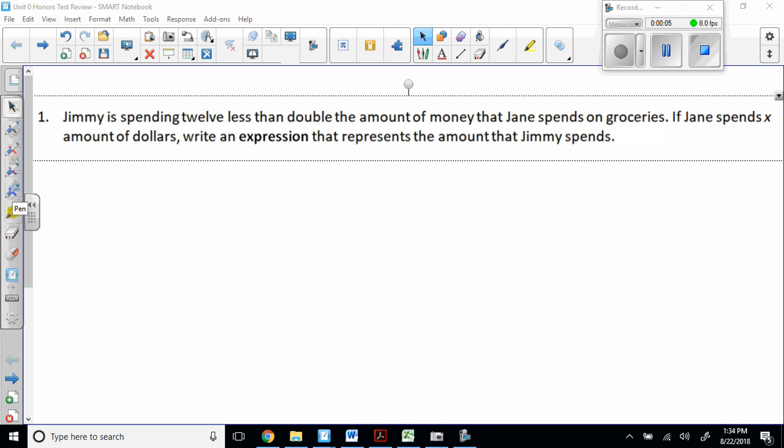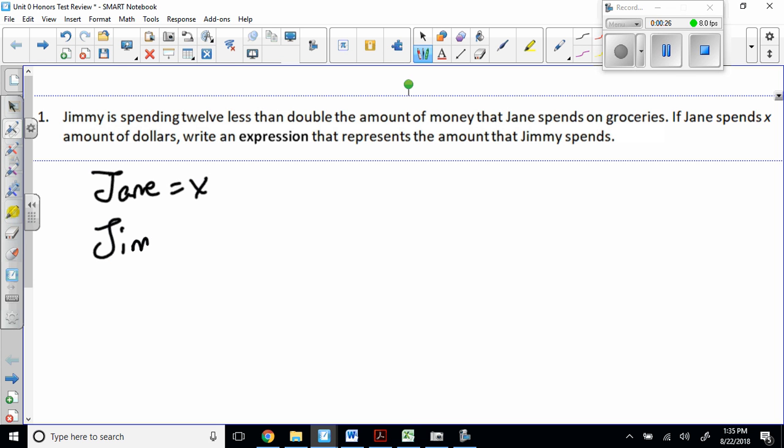Jimmy's spending 12 less than double the amount of money that Jane spends on groceries. If Jane spends X amount of dollars, write an expression that represents the amount that Jimmy spends. Well, they said Jane does what? Jane's is X, right?